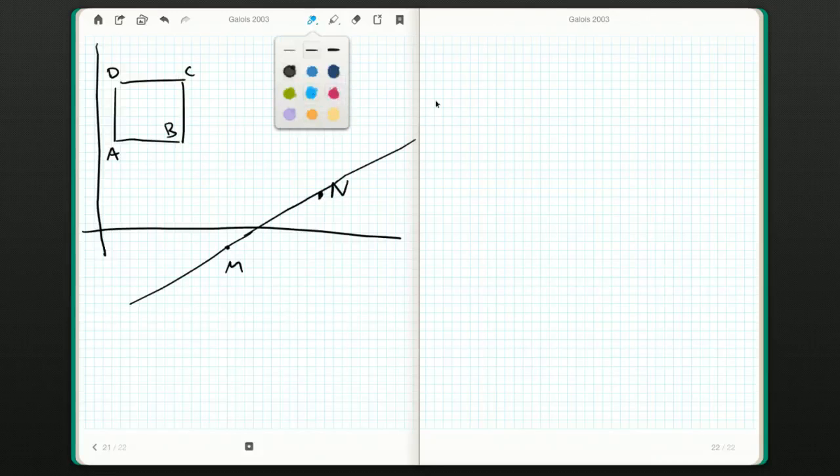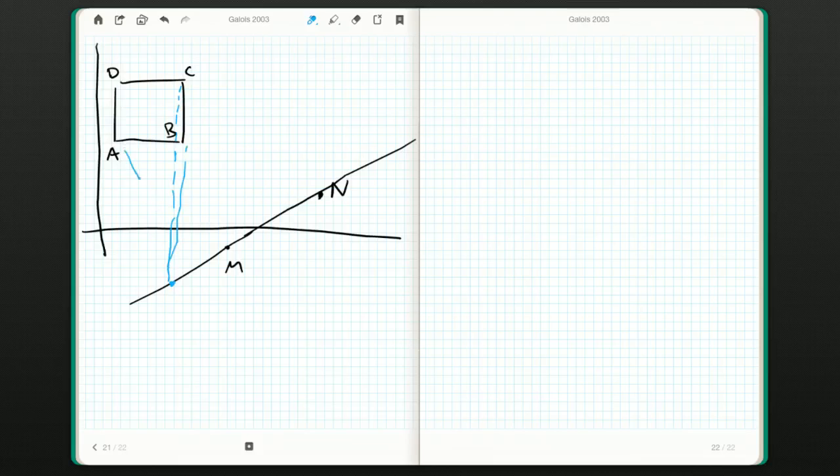So we have lots of different choices for F. We could have an F down here. But that's not going to work. We could have an F way up here. But that's not going to work. None of these will work because we have overlap.